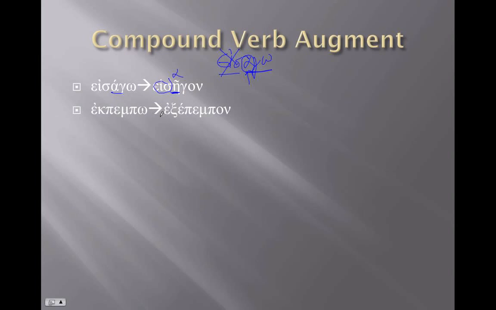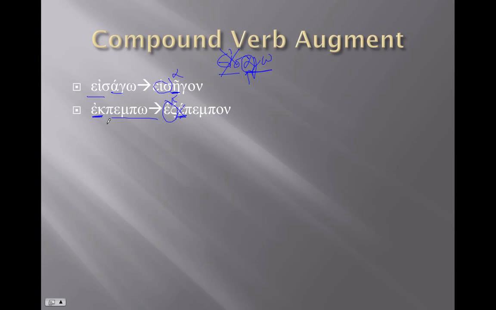Another situation, if the prefix is ek, that augments, ek pempo, to send out, that ek becomes ex before the vowel, so exepempon. And so to de-augment it, we take out the augment, and we shift this x back to the kappa. Ek pempo is what you'd look up in the dictionary. So we have a basic, simple compound.